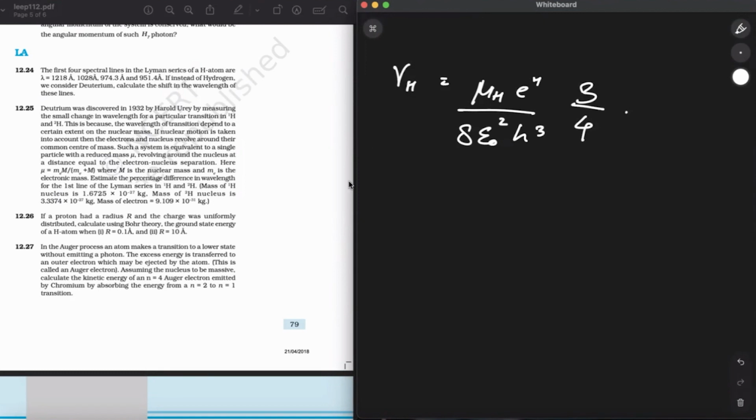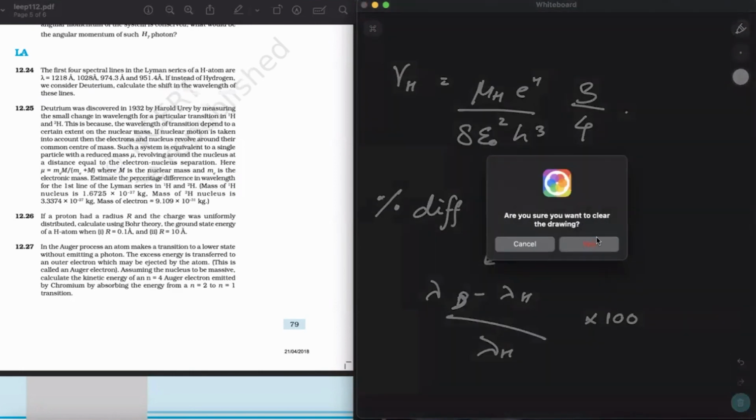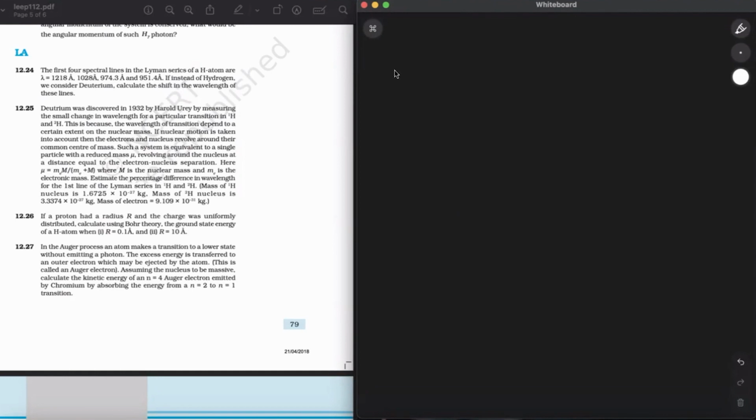Now if I want to calculate the percentage difference in wavelength, it can be calculated as lambda_D minus lambda_H whole divided by lambda hydrogen into 100. Now if I need to calculate for this, what am I going to do? I've already calculated delta E. Delta lambda can be written as lambda_D over lambda hydrogen minus 1. Percentage is needed, so into 100.